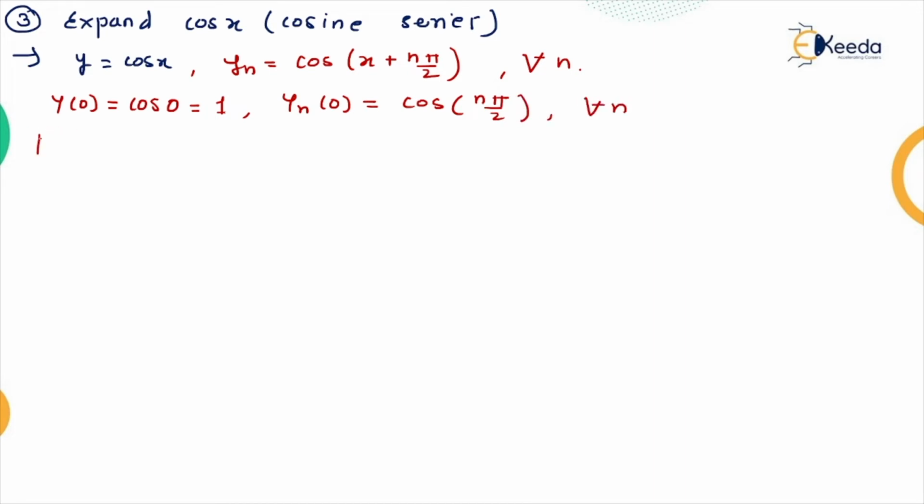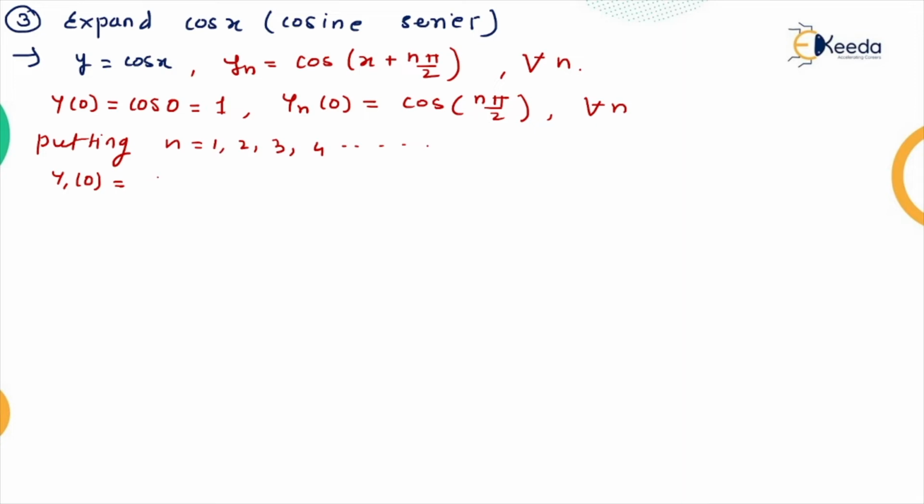So putting n is equal to 1, 2, 3, 4 and so on, what will we get? The first order derivative at the point 0, the derivative of cos x at the point 0, becomes minus sin x, and minus sin x at 0, so sin 0.